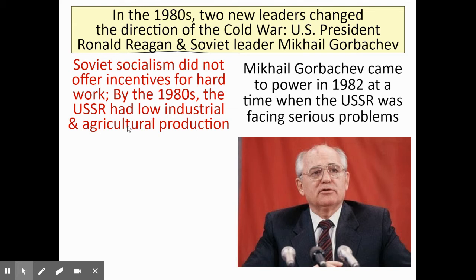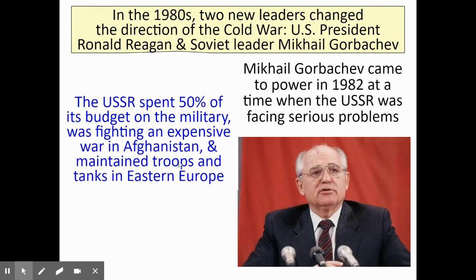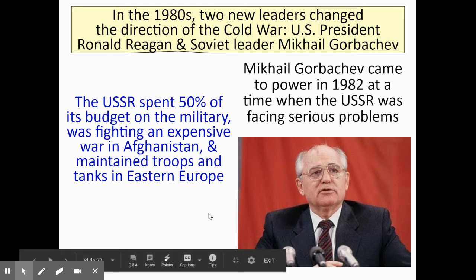This led to low industrial and agricultural production. The Soviet Union spent over half of its budget on military and fighting the war in Afghanistan.